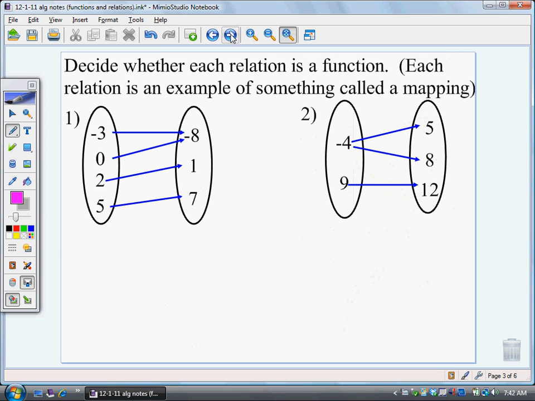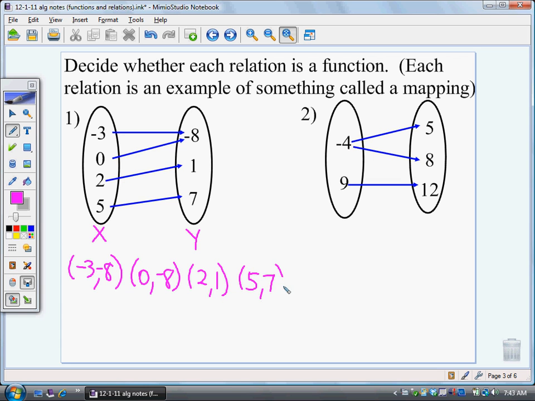Okay, on this page, it says decide whether each relation is a function. It does say that each relation is an example of something called a mapping. In a mapping, basically, the left side is kind of like your x, and this is sort of your y. This first relation has 4 ordered pairs, and those ordered pairs would be (-3, -8), (0, -8), (2, 1), and (5, 7).